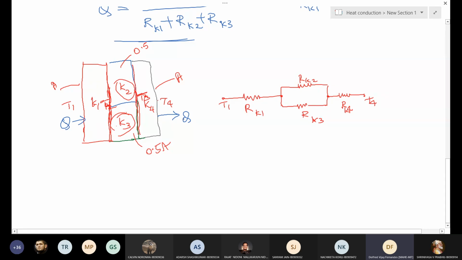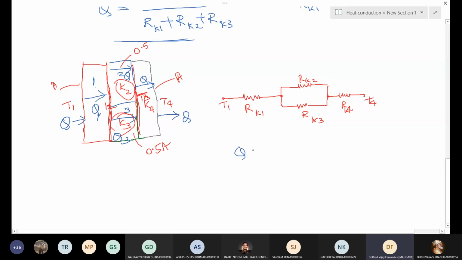Sir, I have a doubt. The heat transfer across walls 2 and 3, will it be equal to the heat transfer across wall 1, or will it be half of that? This is 1, this is 2, this is 3. So the heat transfer Q1, this is Q2, this is Q3, and this is again Q4.